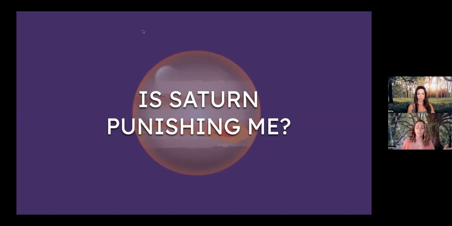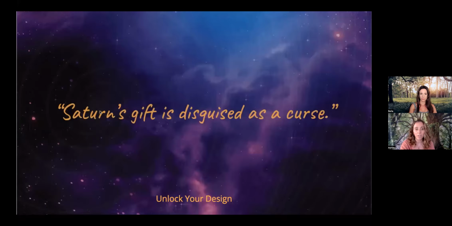It's all areas, and it has a minutia of different expressions. So it's about exploring that and recognizing when Saturn comes a-knockin'. Because oftentimes Saturn's gift is going to be disguised as a curse, and you're going to feel like Saturn's punishing me, and not a gift.